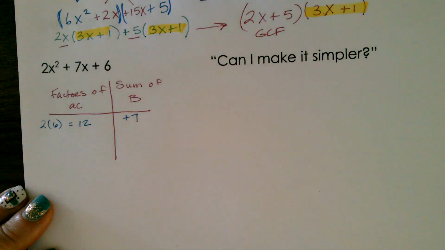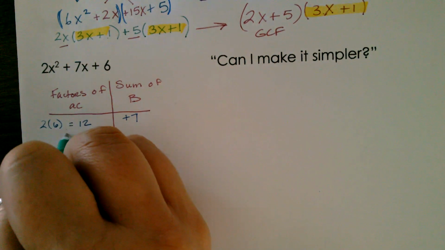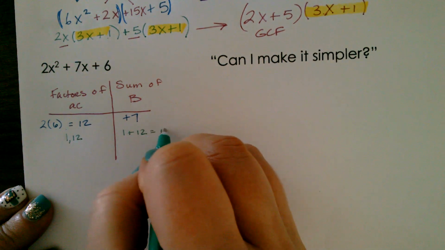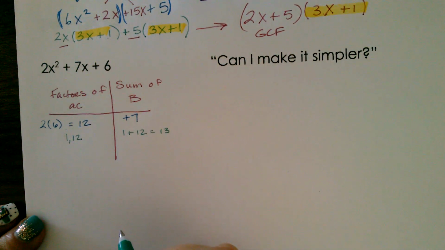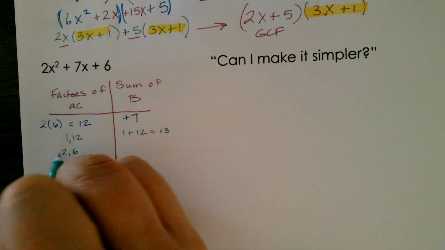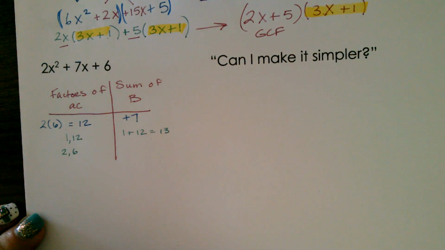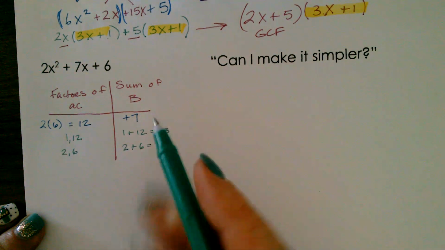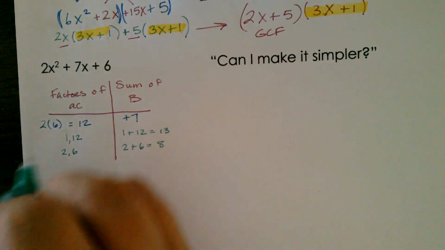Okay, I'm just going to show my work again. 1 times 12 is 12, but when I add those together, I get 13. That will not work. 2 times 6 is 12, but 2 plus 6 is 8. I'm getting there. Not quite.